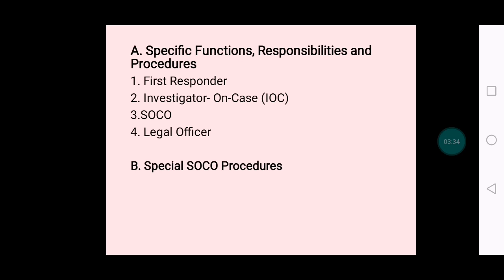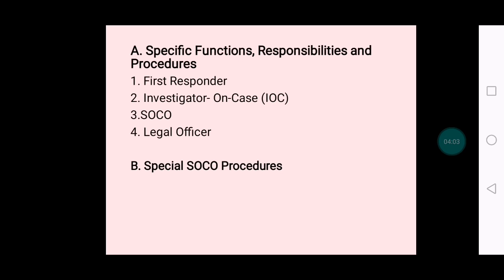After they turn over the crime scene to the COP for security of the area, they will perform the final crime scene survey together with the investigator on case and accomplish the inventory of evidence collected, and furnish the investigator on case copies of the same before leaving the crime scene.